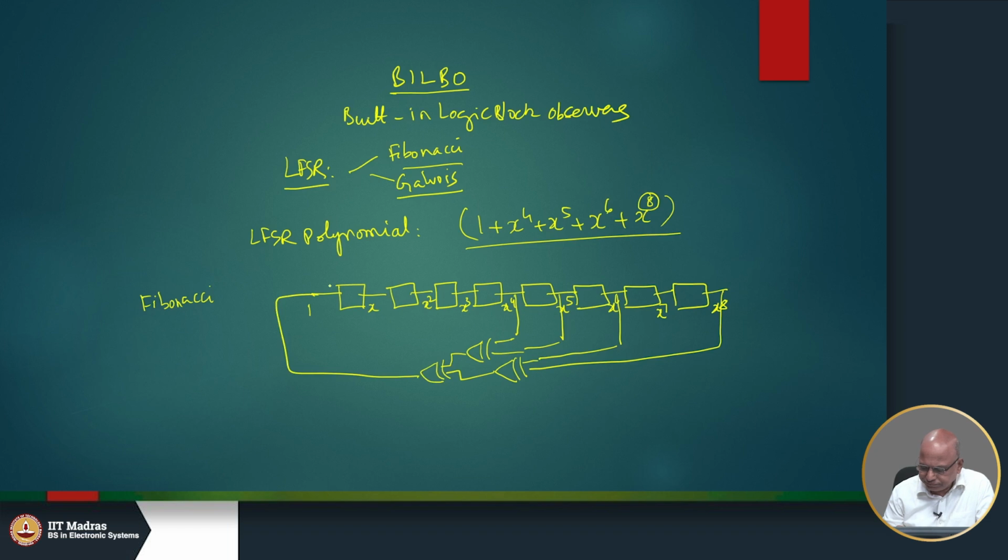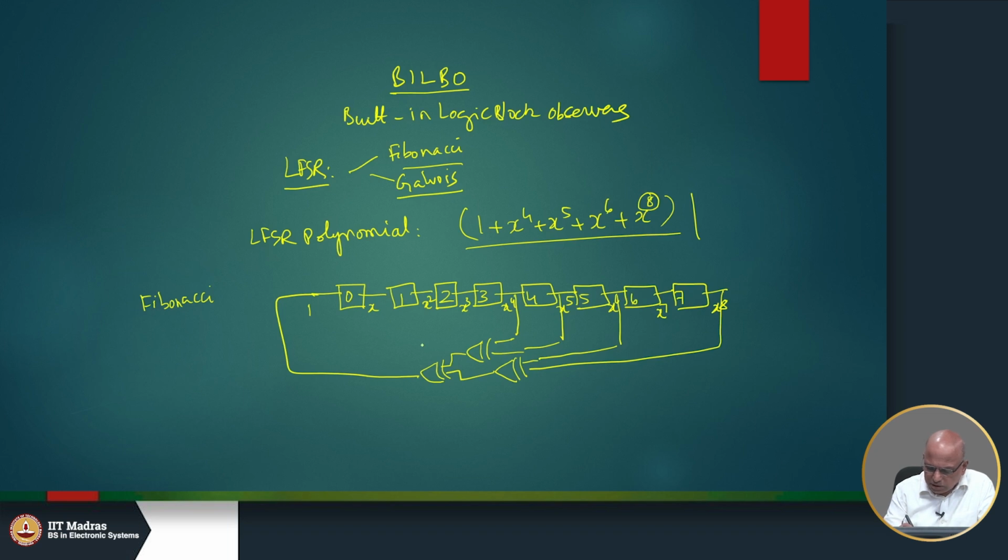So, essentially it is an XOR of x power 4, x power 5, x power 6, x power 8. Okay. So, this is the Fibonacci LFSR for this polynomial. If you want, you can label these as 0, 1, 2, etc.